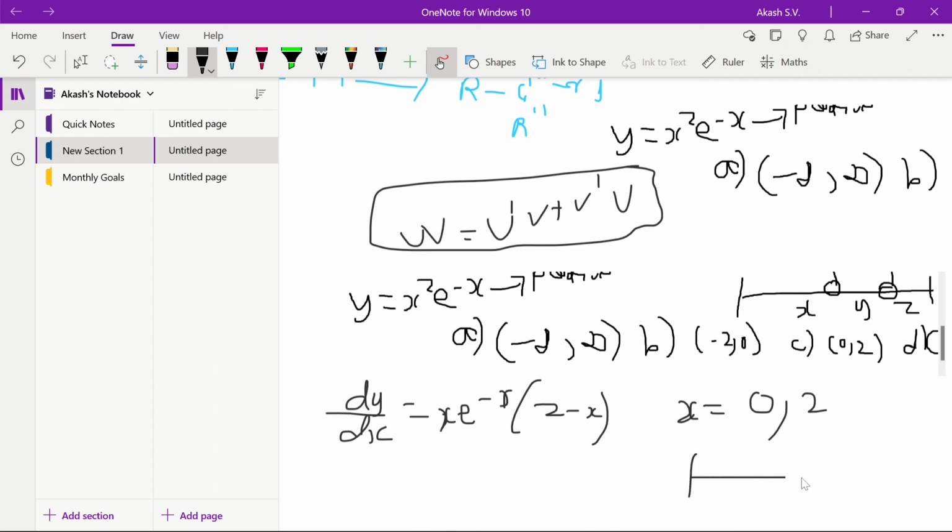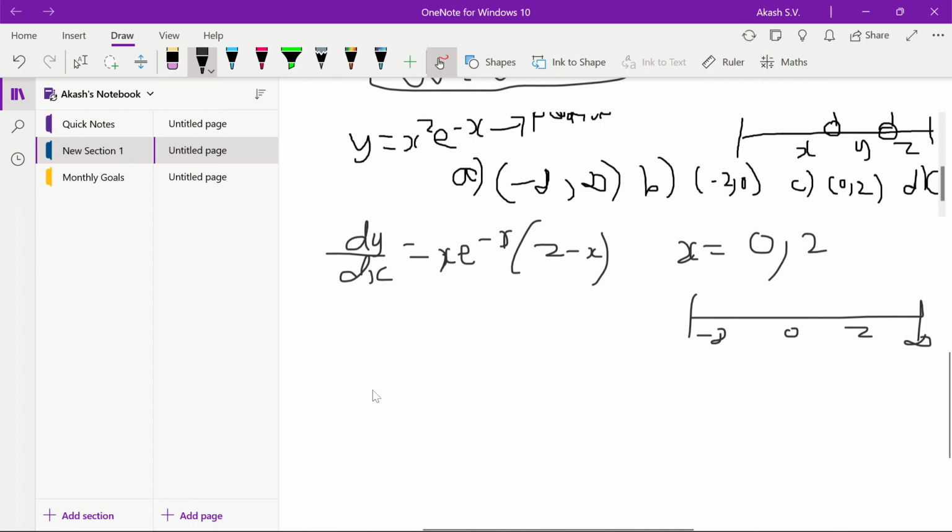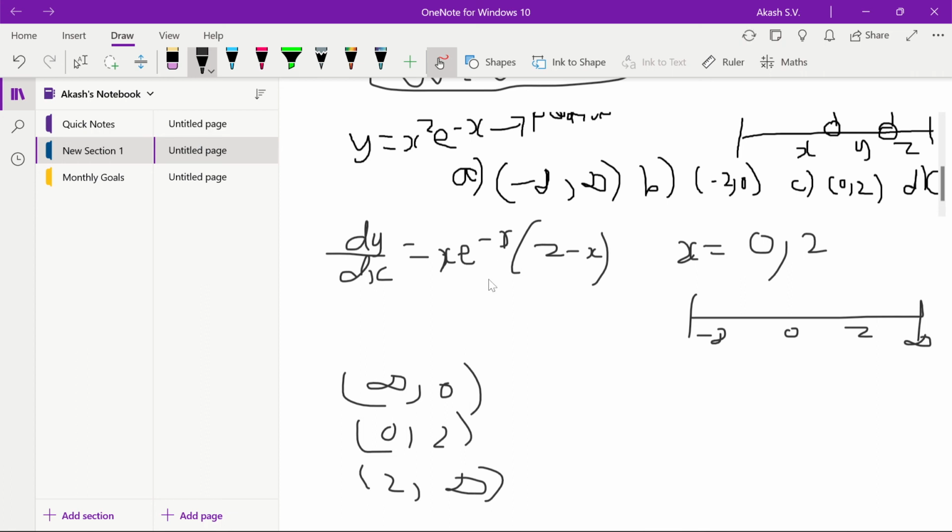For this, you will plot a number line with 0 and 2. This is minus infinity and this is plus infinity. The intervals we will be checking are minus infinity comma 0, 0 comma 2, and 2 comma infinity. These are the intervals we should check, by applying in f dash of x, whether it is increasing or decreasing.